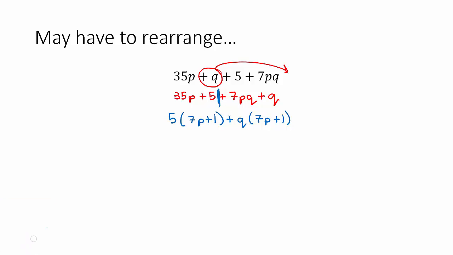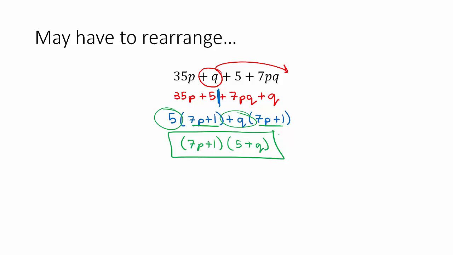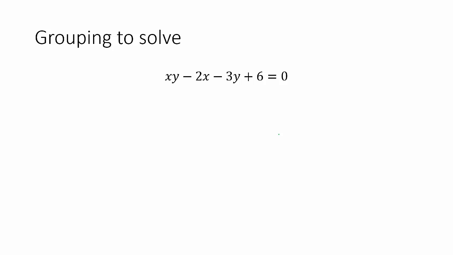Sure enough, just like we were hoping for, that 7p plus 1 lines up. And we're left with 5 plus q on the other factor. And now we are completely factored. So if the grouping doesn't work out quite right, always try taking that second term and kicking it to the end and see if that makes it behave better. But other than that, factoring by grouping is usually quite straightforward.